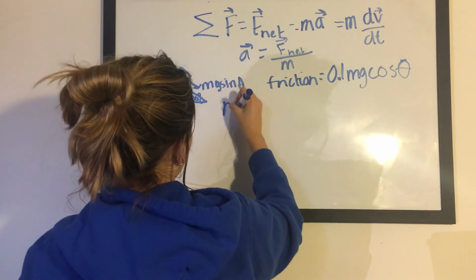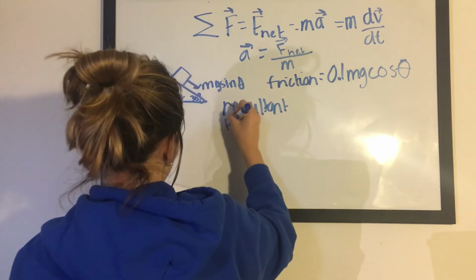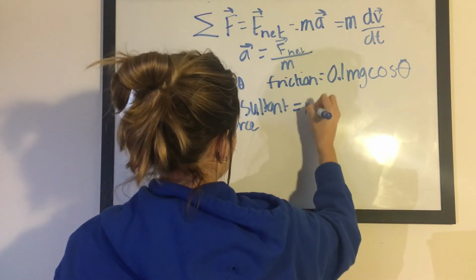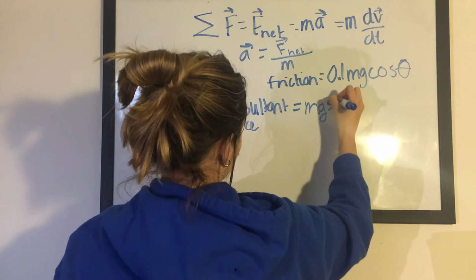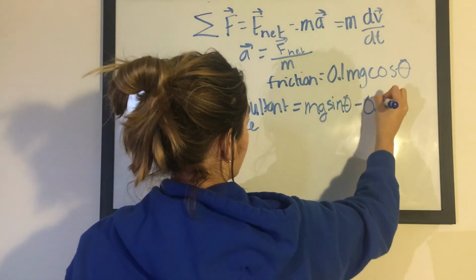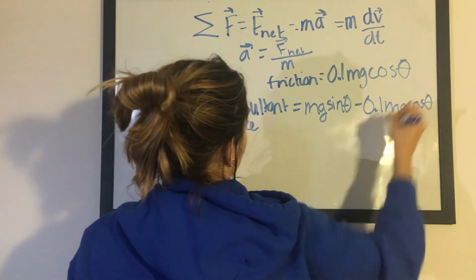Then we've got our resultant force, which is equal to mg sine theta minus 0.1 mg cosine theta.